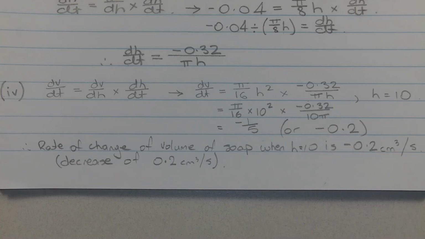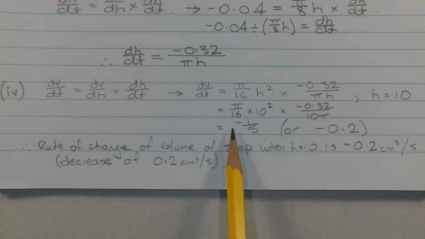So we're combining the results of parts 1, 2 and 3 in order to answer part 4. Our equation now is dV/dt equals pi over 16 times h squared times negative 0.32 over pi h, where h is equal to 10. Substituting 10 for h, we get dV/dt equals pi over 16 times 10 squared times negative 0.32 over 10 pi.